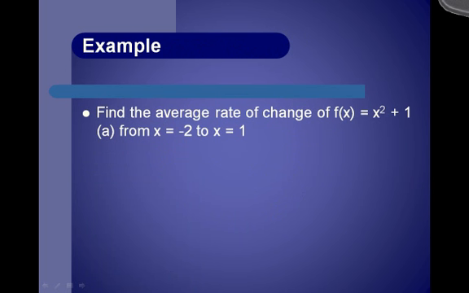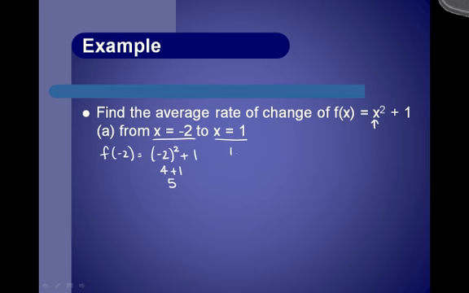The next example, find the average rate of change of f of x equals x squared plus 1 as x goes from negative 2 to 1. Well, we need some ordered pairs. So if x is negative 2, f of negative 2 means you plug in negative 2 for x, so that would be negative 2 squared plus 1, which is 4 plus 1, which is 5.